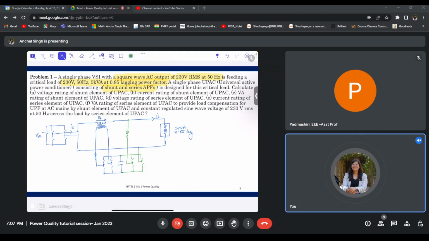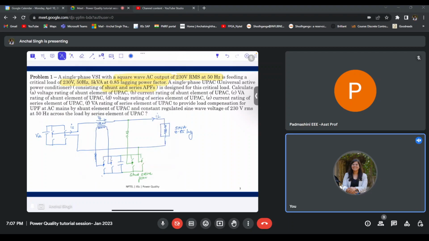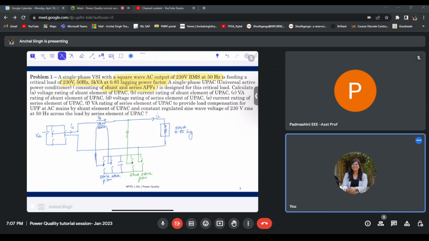So this is my shunt active filter, and this is the series active filter. Let me call it ISH, I shunt. This is I source.